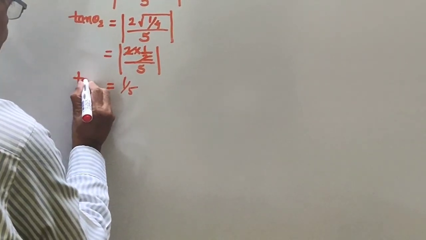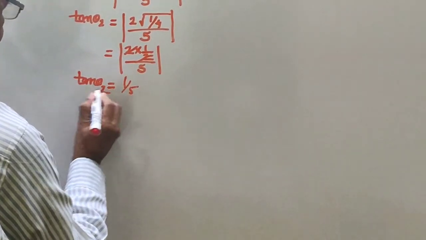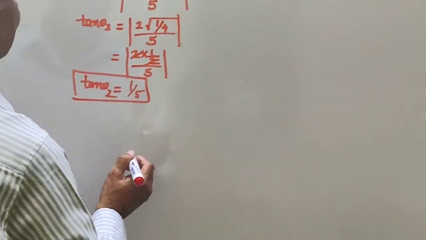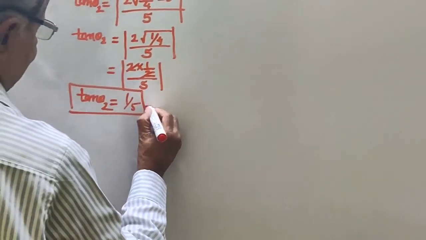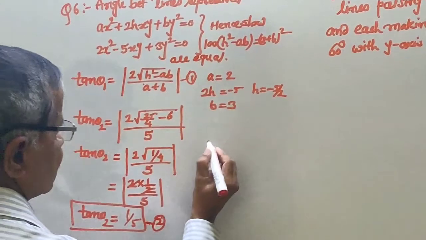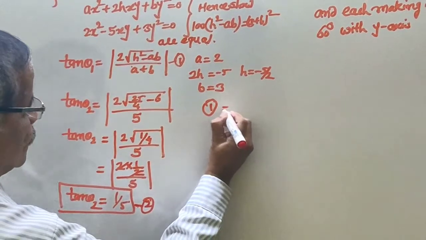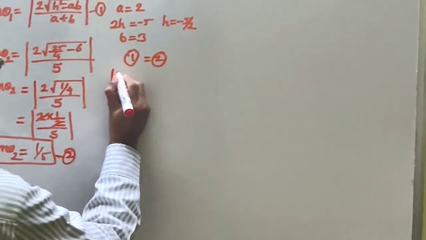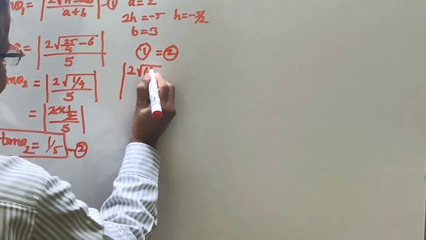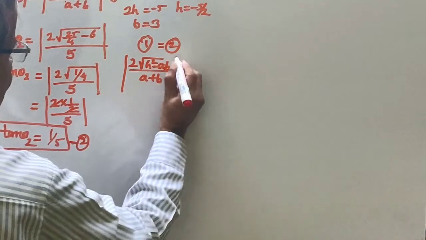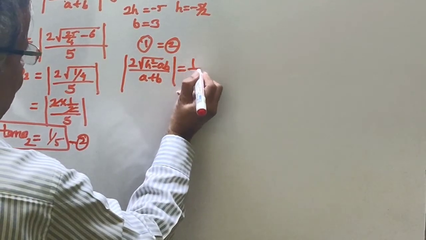Now what is the condition given? The tan theta are equal, means I can equate the equations. Now I can equate equation 2 and 1. By the condition, 1 is equal to 2. Now write down 2 under root of h square minus ab upon a plus b is equal to 1 by 5.